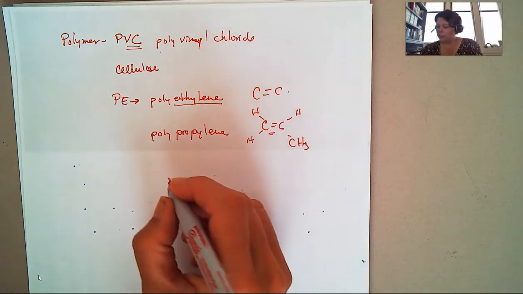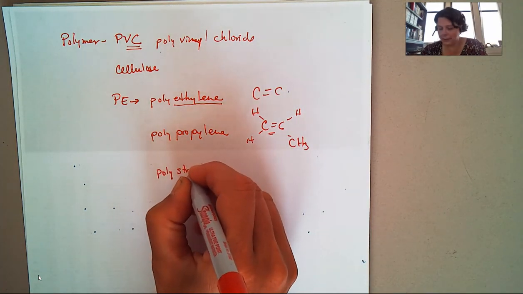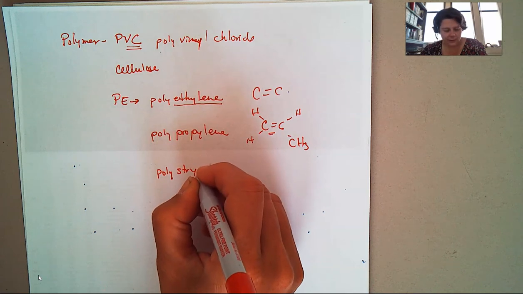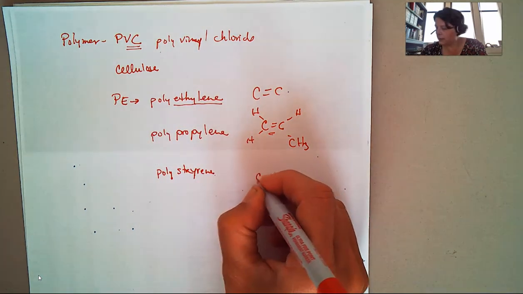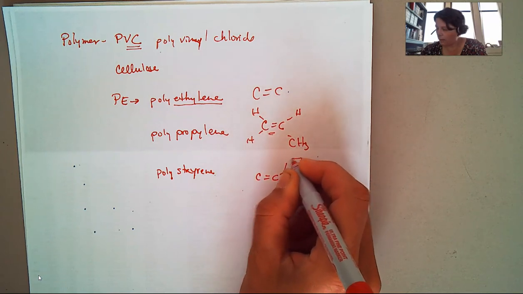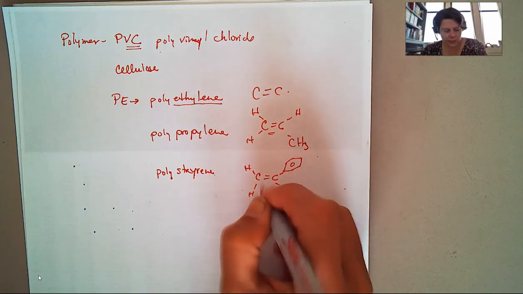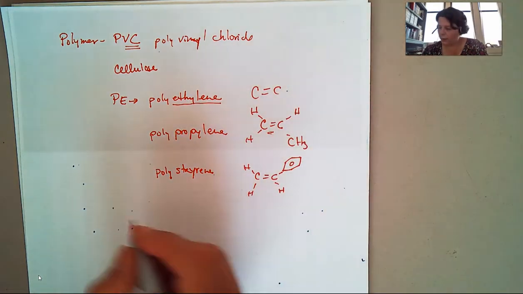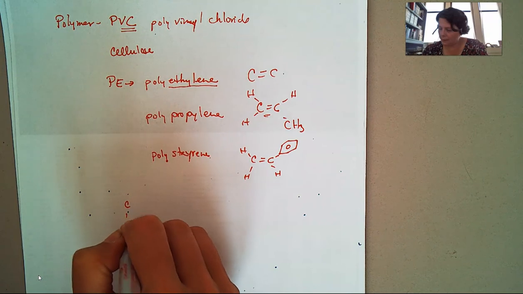How about polystyrene? Because you guys have probably heard of polystyrene. Styrene is C-double-bond-C with a benzene ring there. These are the functional groups. And then you just connect all these together.